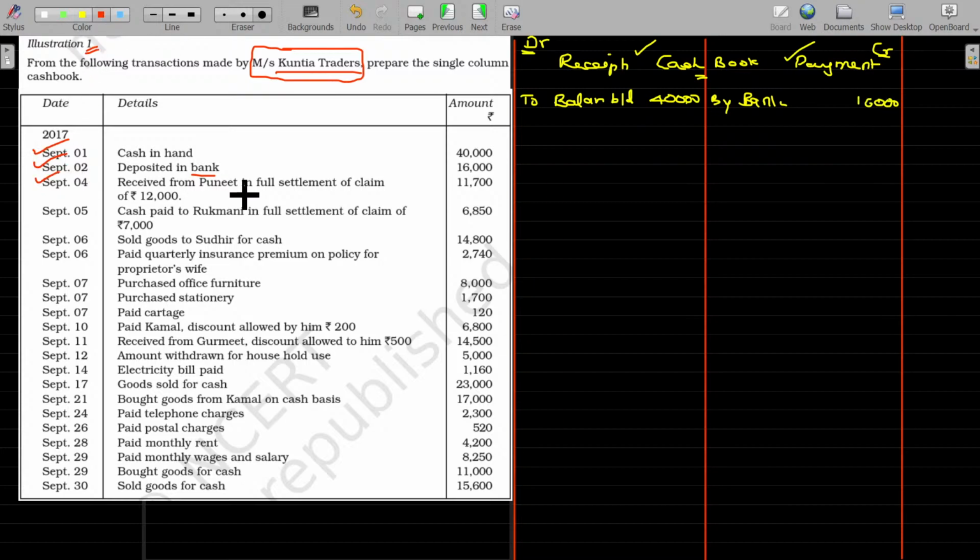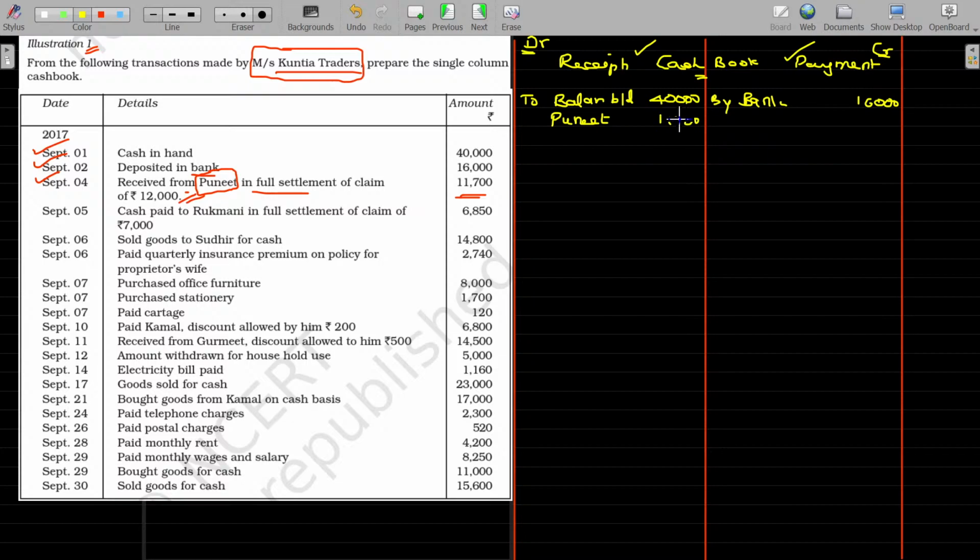On 4th September, received from Puneet in full settlement of the claim of rupees 12,000. From Puneet, we were supposed to receive 12,000 rupees, but received only 11,700. So in the receipt side, we have to write Puneet's name, received from Puneet. In the amount column, we post 11,700.